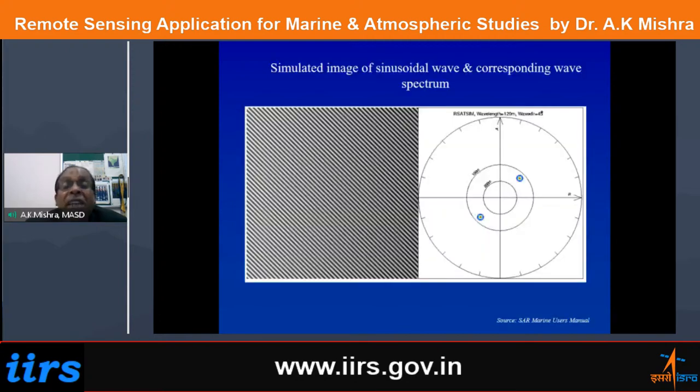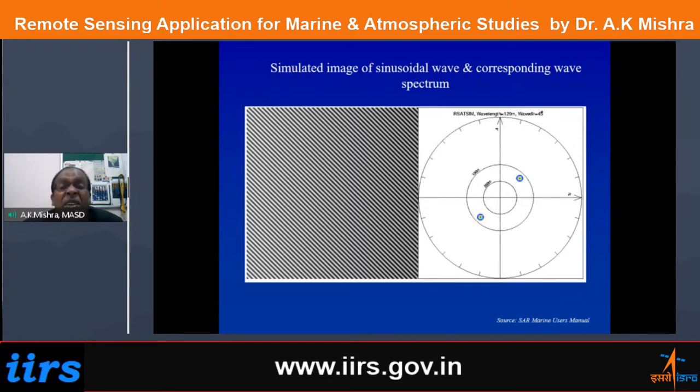To understand this, this is a simulated image of a sinusoidal wave, and this spatial image can be converted into the frequency domain by applying the Fourier transformation.